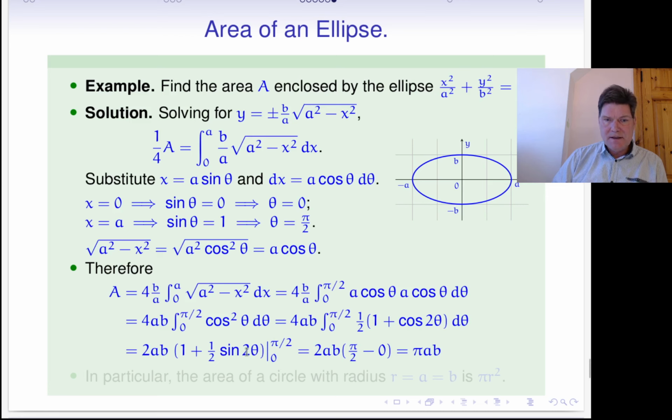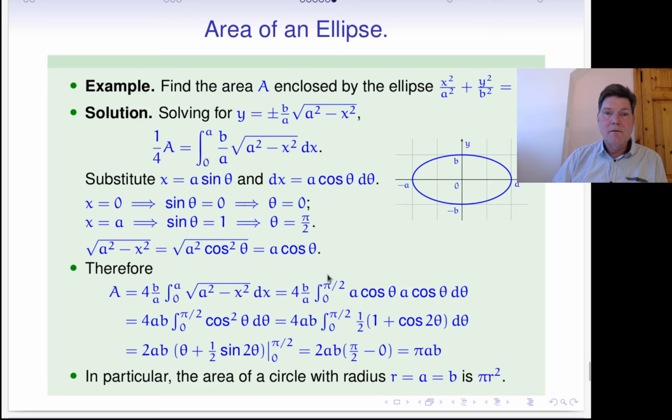Since the sine of 2 theta is 0 at the two endpoints, this is just theta evaluated at pi over 2 and 0, and so this comes out as pi times a times b. A nice formula for the area of an ellipse described in terms of these parameters a and b.